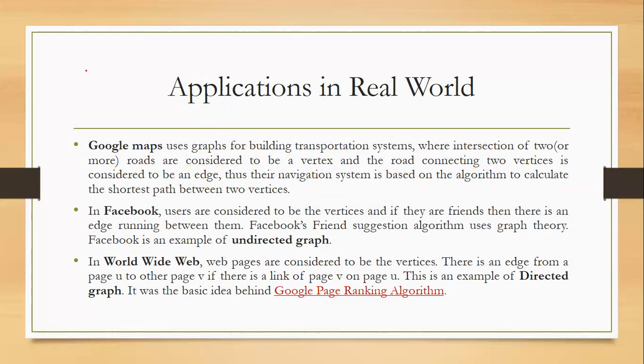Whenever you enter your location and where you want to go, the source and the destination, you are able to create a navigation system, and that navigation system is generally based on the optimal path, which is the shortest path.